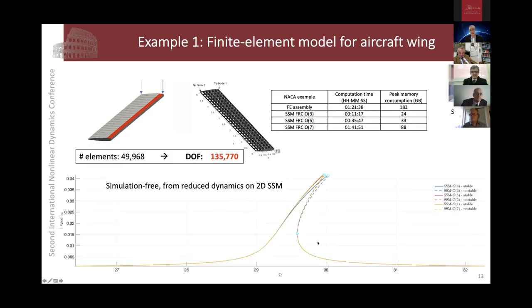So you get this within minutes, and it shows that this is a simulation-free calculation of the force response, because once you have the SSM, you just find the joint zero set of two functions, and that's your force response. And it shows that the third order reduction wasn't quite great, so you have to go up to order 5, and then when you go up to order 7, there's no fundamental change.